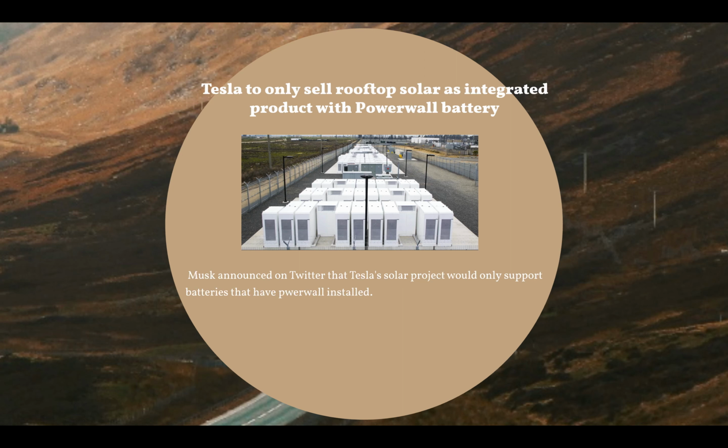Through the bundling sales, Tesla's solar power business in the first quarter of 2020 reached its peak in recent years. So we can see that bundling is an effective way to attract more market share.